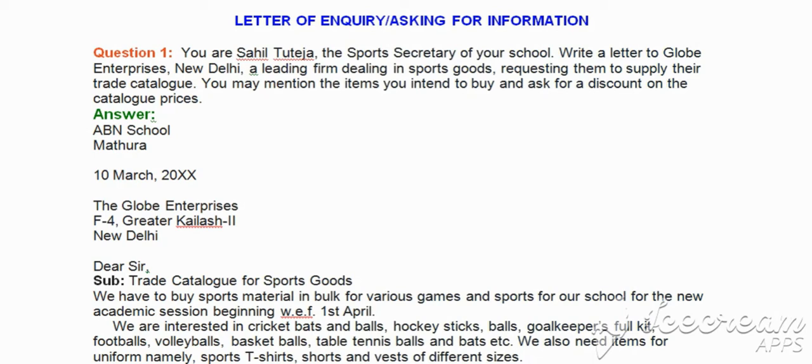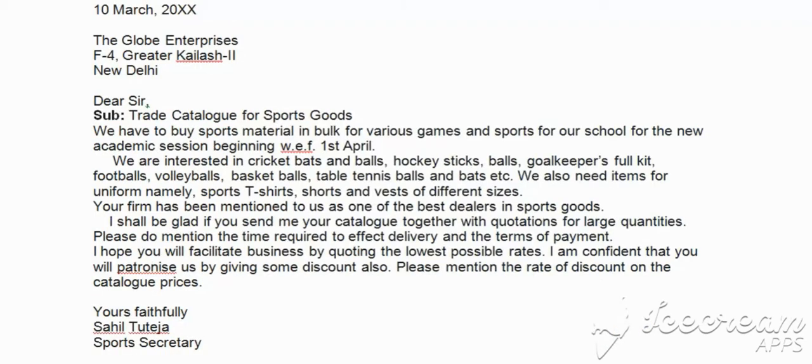You may mention the item you intend to buy and ask for a discount on the catalog prices. Everything is clear. That content part you can read, go through it, and you will find what the essentials are that should be written inside, in the same format as I told you.